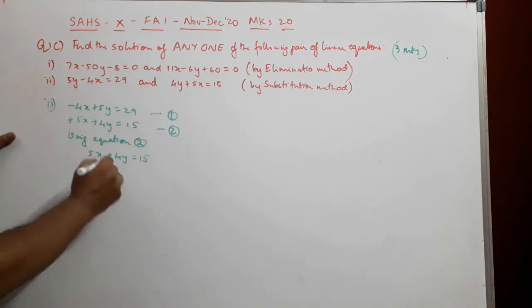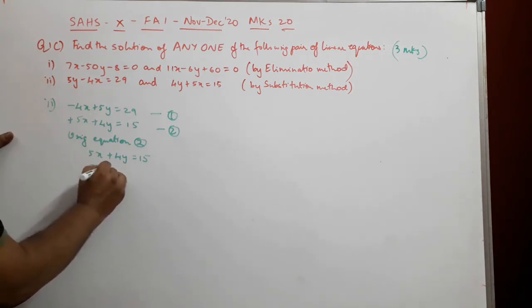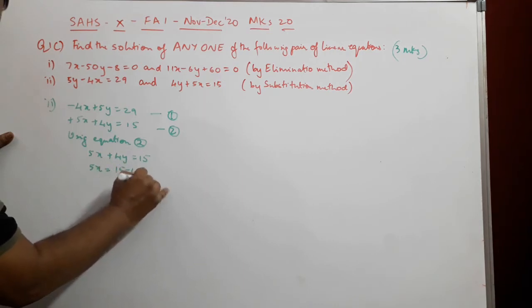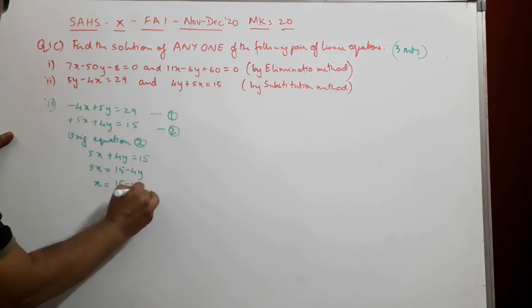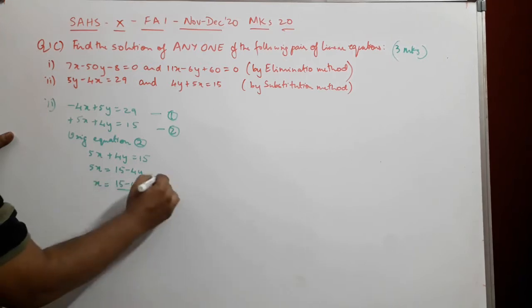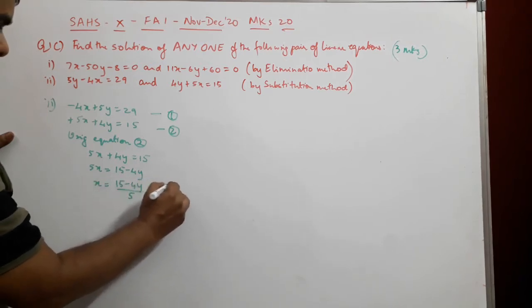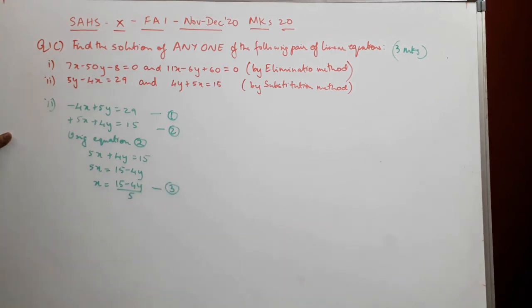Okay, what I'll do is keep 5x here, take 4y on the other side, that will become 15 minus 4y, so x equal to 15 minus 4y upon 5 when we substitute it. So this is our equation 3.